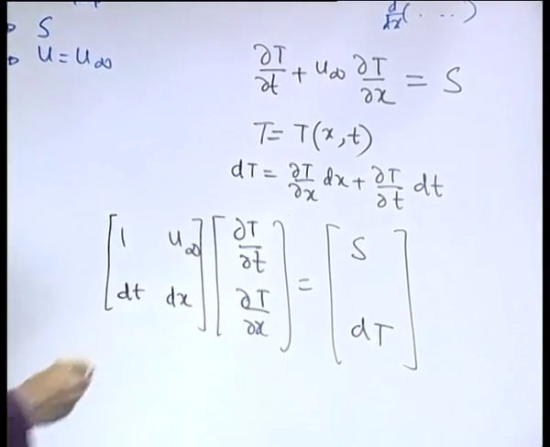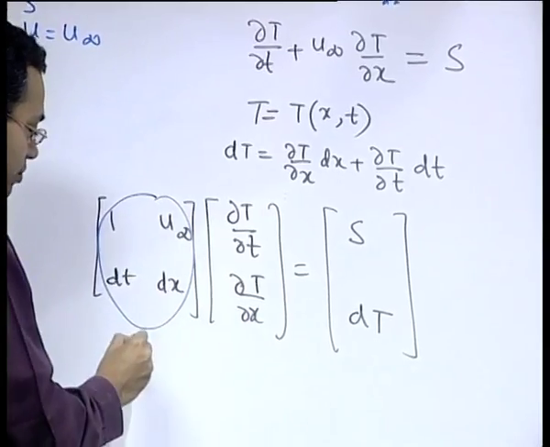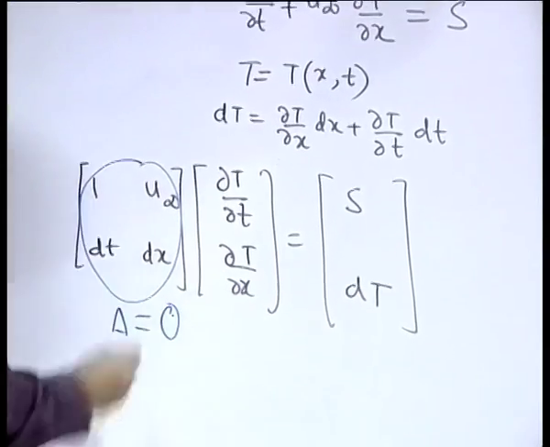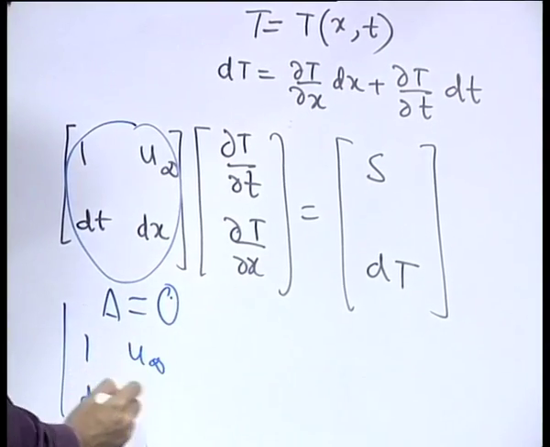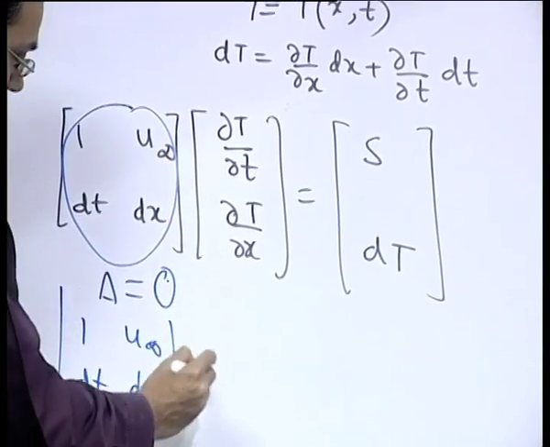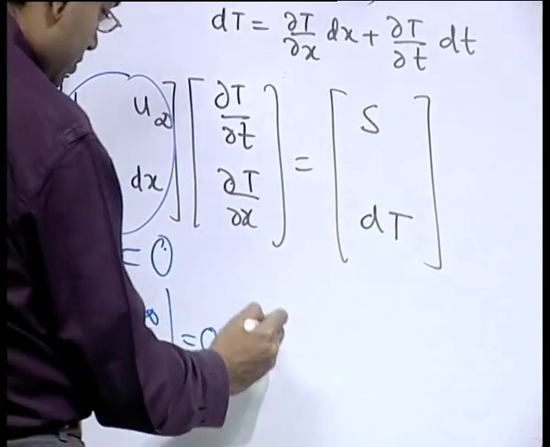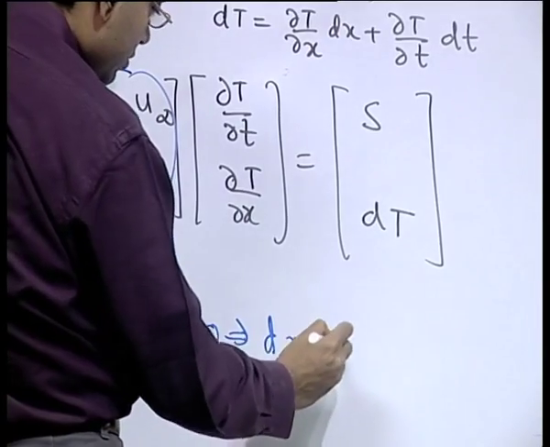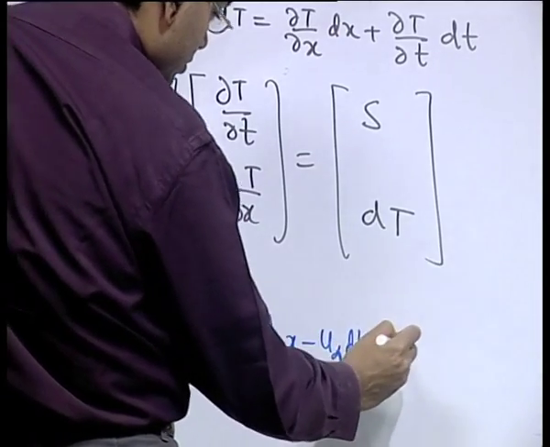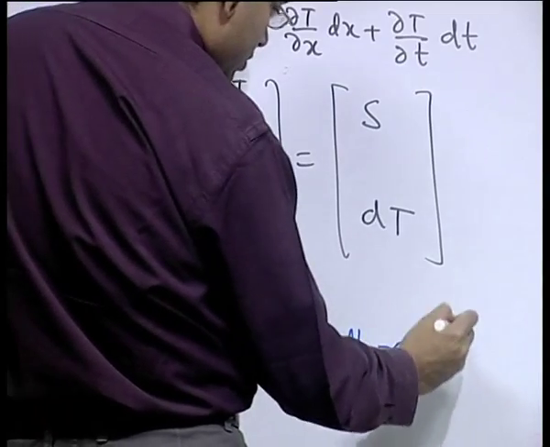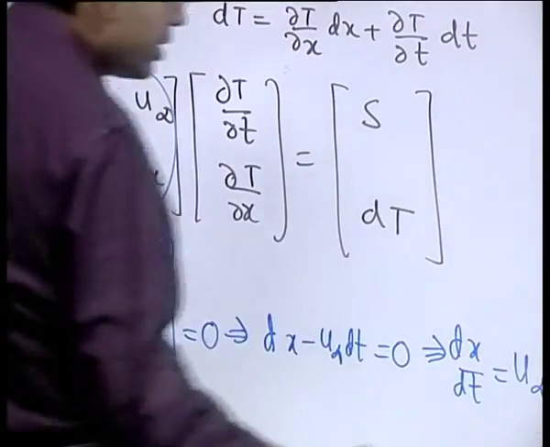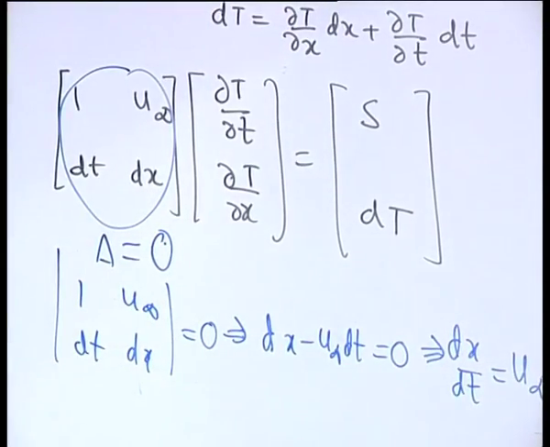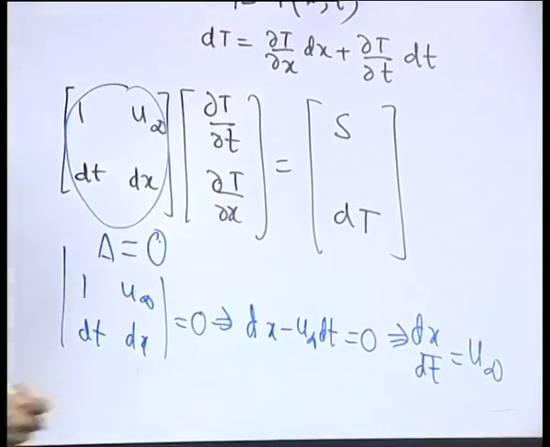So, for the discontinuity to exist we must have this determinant equal to 0. So, that means 1, u infinity, dt, dx. So, the equation of the characteristic is given by dx/dt equal to u infinity.